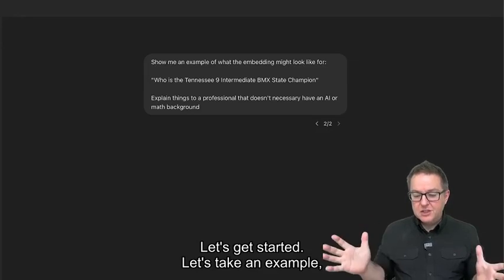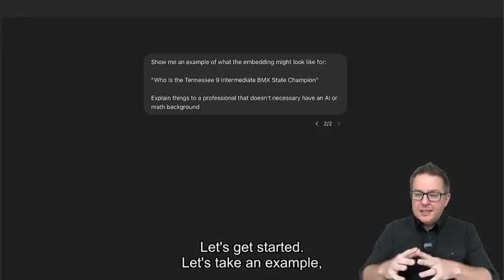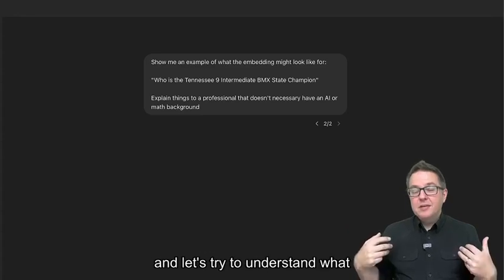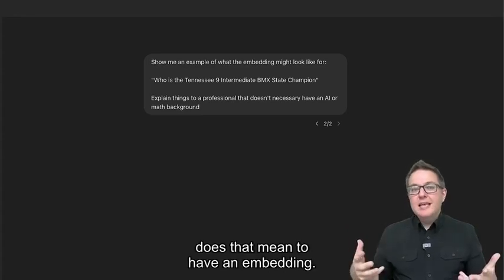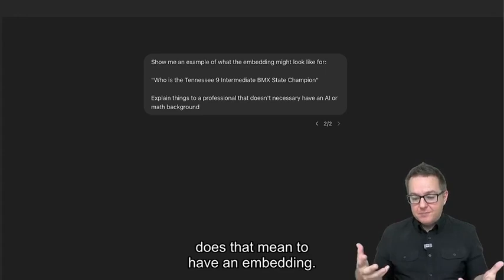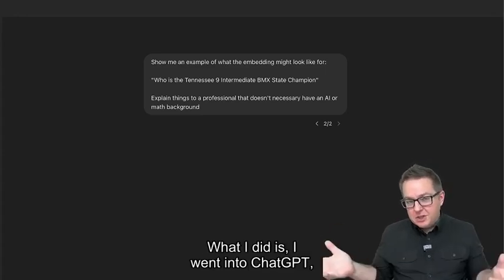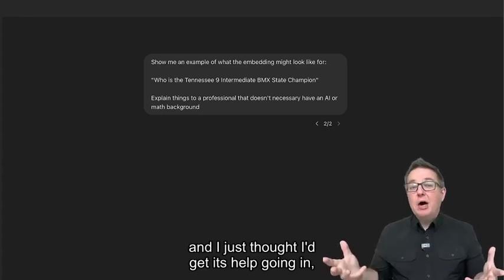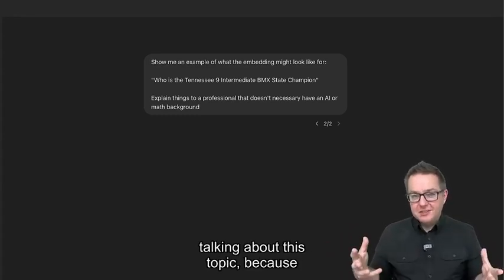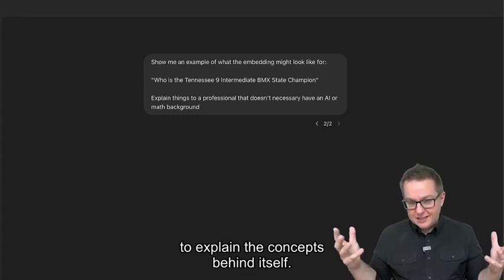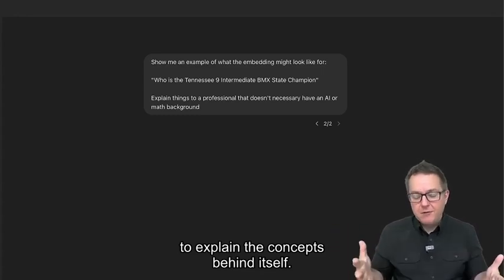All right, so let's get started. Let's take an example and try to understand what it means to have an embedding. So I went into ChatGPT and thought I'd get its help talking about this topic, because I think it's kind of fun to get it to explain the concepts behind itself.